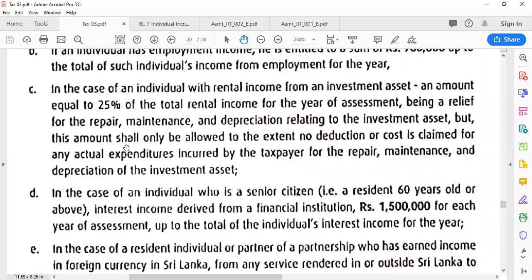But this amount shall only be allowed to the extent no deduction or cost is claimed for any actual expenditure incurred by the taxpayer for the repair, maintenance, and depreciation of the investment asset. As we discussed earlier, if the person has not claimed an expense against the rental income, he is able to get 25% of total rental income under the relief.